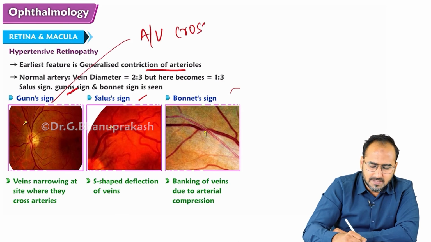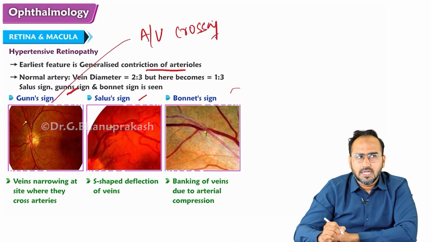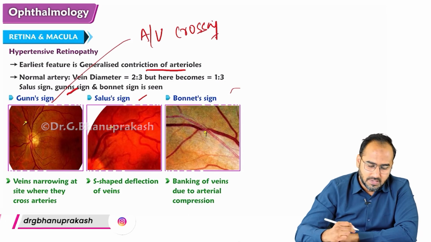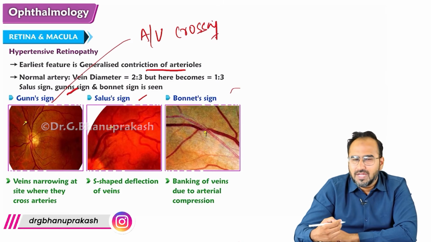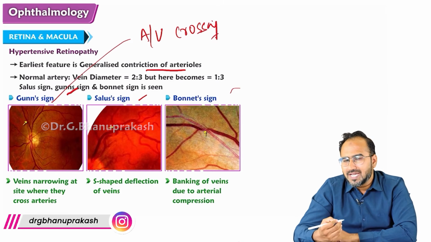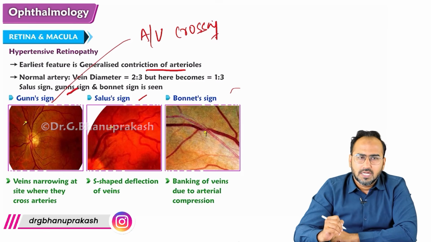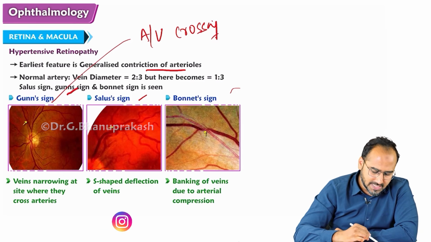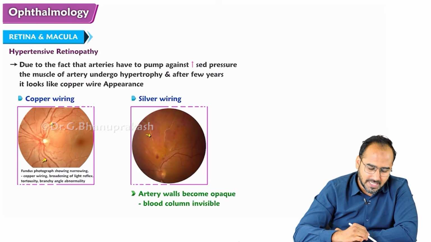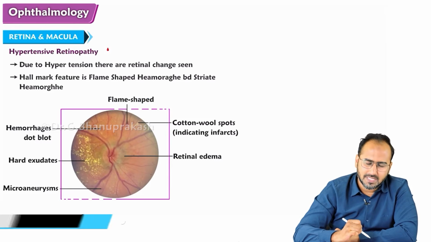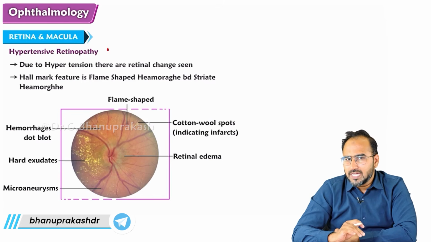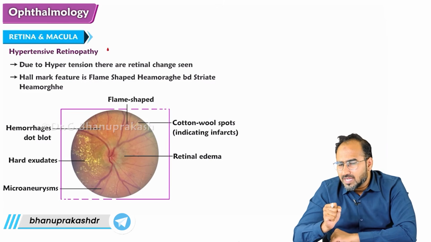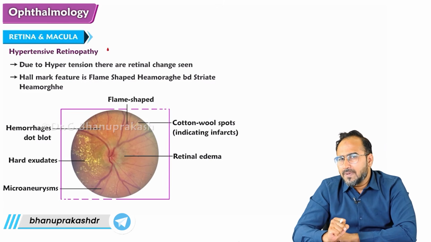That is called gun sign. Next is the Salus sign. What is Salus sign? A deflection of the vein is called Salus sign. Bonnet sign is banking of the veins due to arterial compression. These are the signs of hypertensive retinopathy.